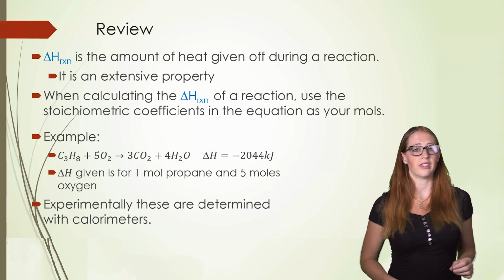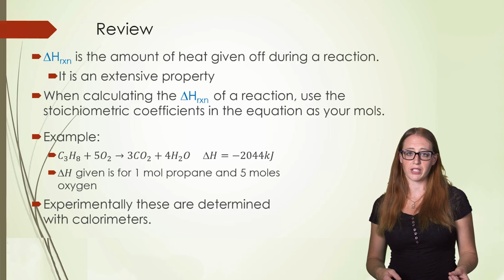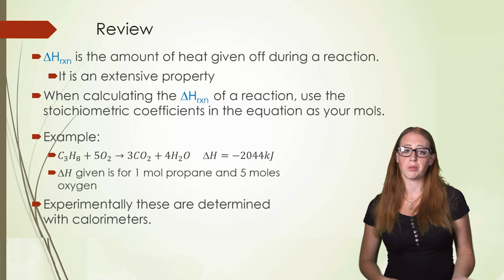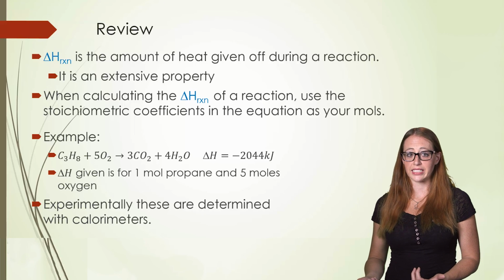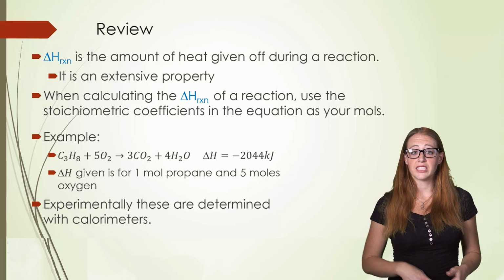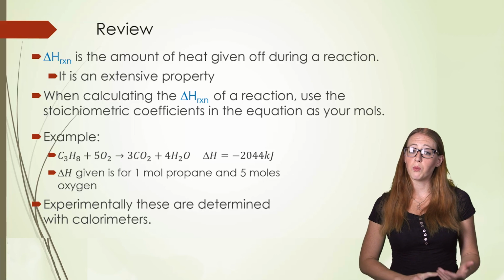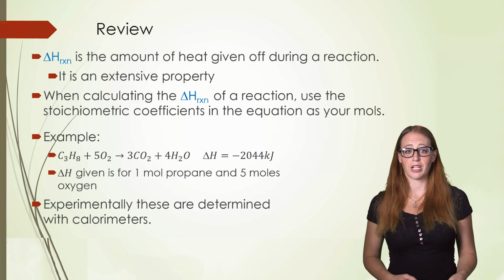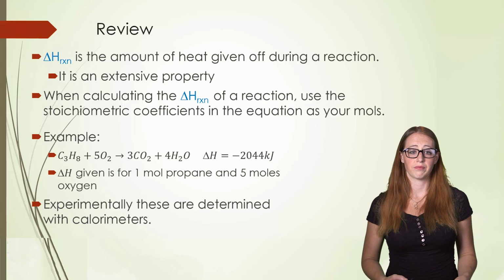If there is a 4 in front as a stoichiometric coefficient, it is per 4 moles. And of course, we did an example with propane and oxygen reacting to form carbon dioxide and water to say that the amount of delta H given is for 1 mole of propane, 5 moles of oxygen, 3 moles of carbon dioxide, and 4 moles of water.